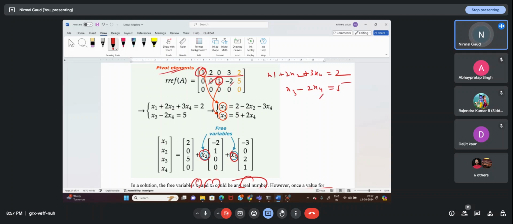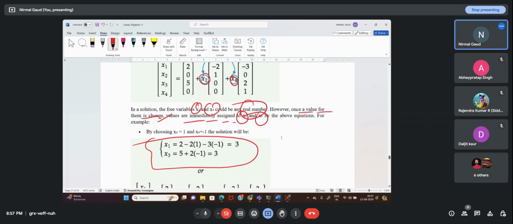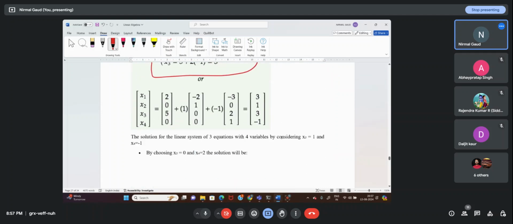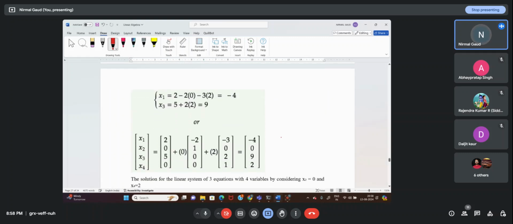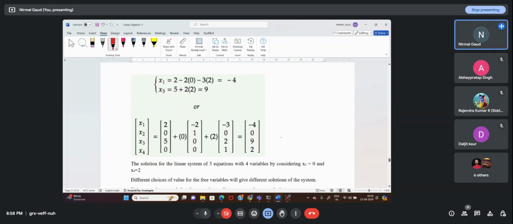But x4 and x2 I don't know. These are free variables. You can choose any value and find the values of x1 and x3. That's what they are doing. So by choosing x2 as 0 and x4 as 2, the solution will be like this: here you can see x1 is minus 4 and x3 is 9. This is how you can perform it.